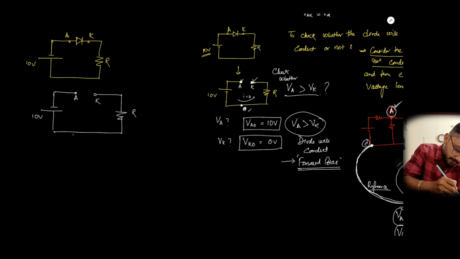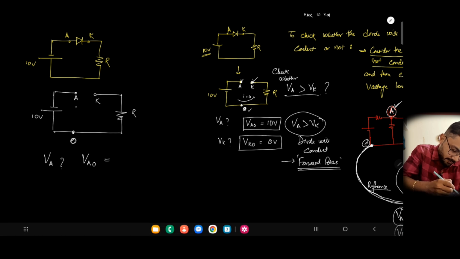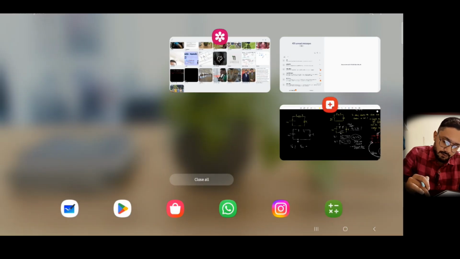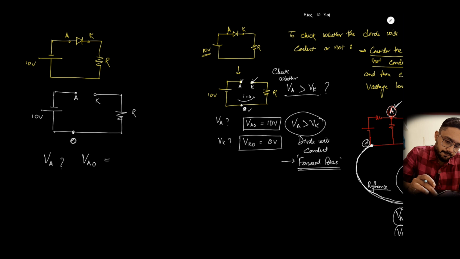Again, let's consider this is the reference node. Reference node is denoted by O. So what will be the voltage at A? It basically means VAO. What will be VAO?